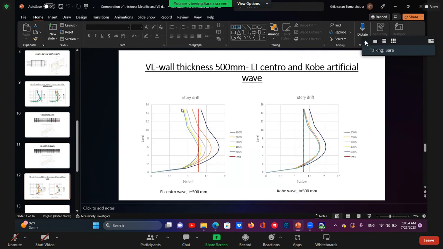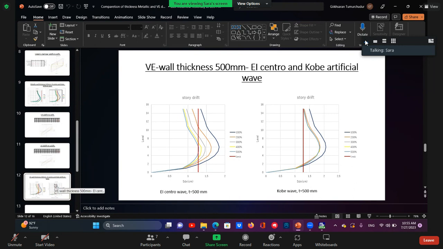And this is viscoelastic story drift with wall thickness of 500 millimeter. Under the central wave, this is all not good without viscoelastic 500 millimeter, and under the copy wave, wall thickness 500 millimeter is not good in all versions.